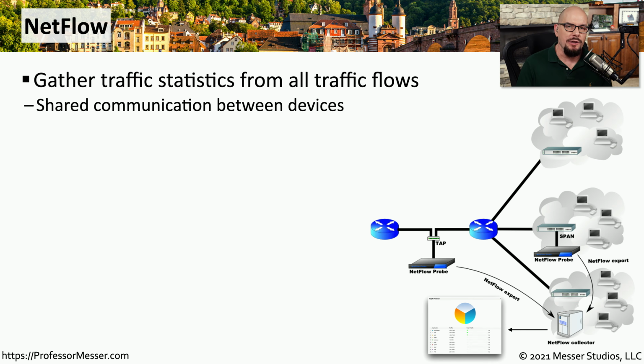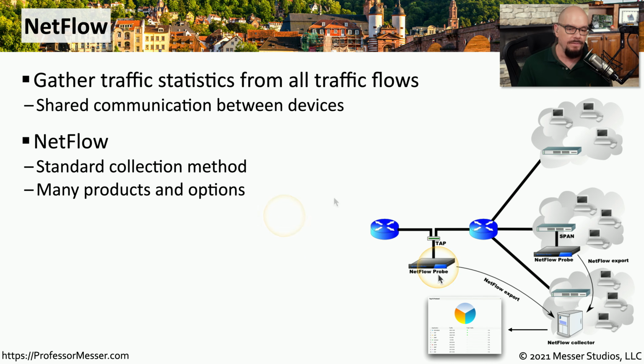Looking at detailed packet captures or trying to understand what's happening on the network over an extended period of time can be a challenge. Fortunately, there are monitoring tools that can show you the trends of traffic that are occurring on your network. One way to implement this is through a standard called NetFlow. NetFlow uses probes and collectors to collect data and then create reports on the data that's been collected.